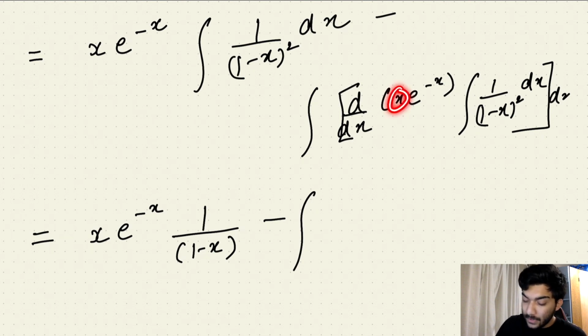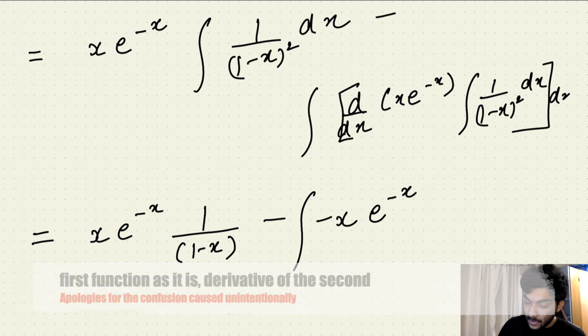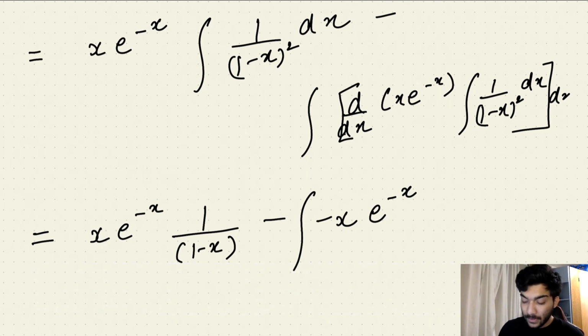So first function as it is, differentiation of second, which is e to the power minus x, and then because of the chain rule the derivative of minus x which would be minus 1. So this would be minus x e to the power minus x, and then plus differentiation of first, the differentiation of x is 1, and the second function as it is.